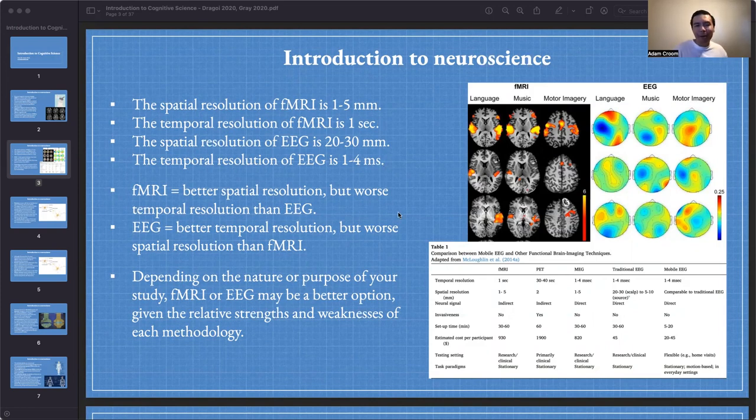So I just put here as a summary, fMRI has better spatial resolution, but worse temporal resolution than the EEG. And the EEG has better temporal resolution, but worse spatial resolution than fMRI. So depending on the nature or purpose of your study, fMRI or EEG may be a better option, given the relative strengths and weaknesses of each methodology.